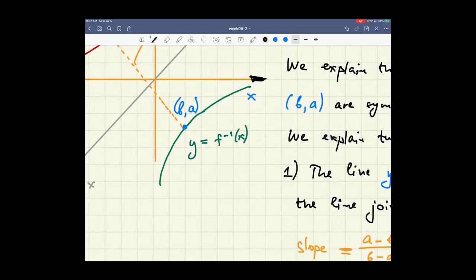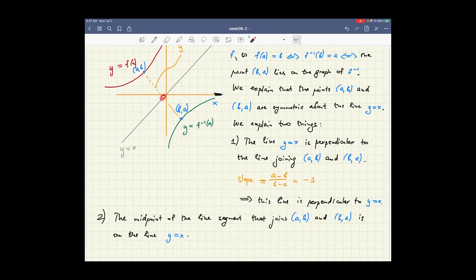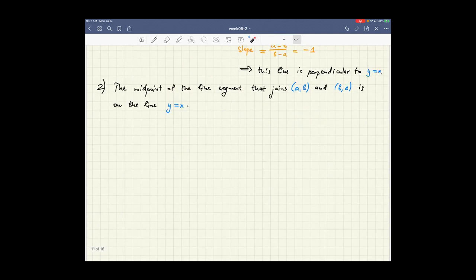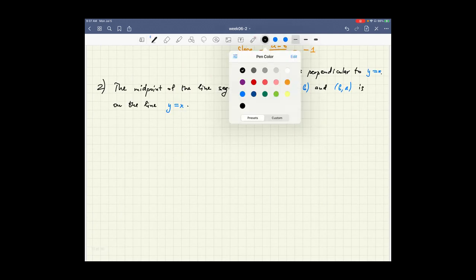Let's say, I don't want to draw it because I don't know where it is. Let's say the midpoint has coordinates alpha, beta.